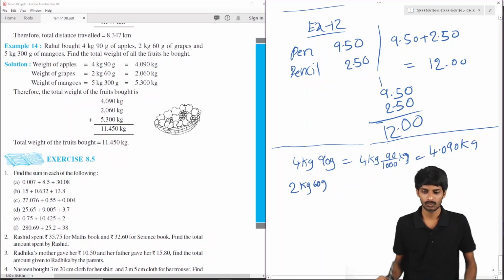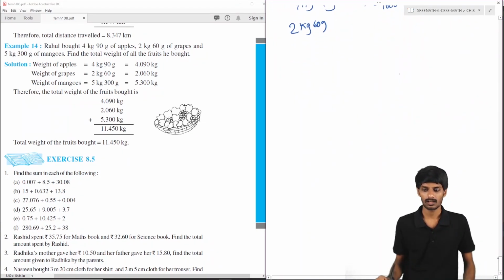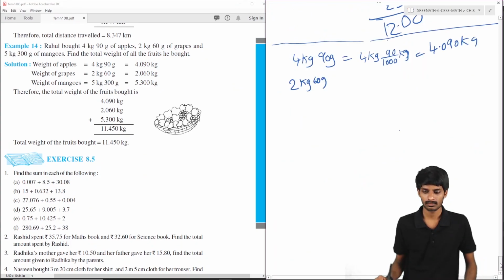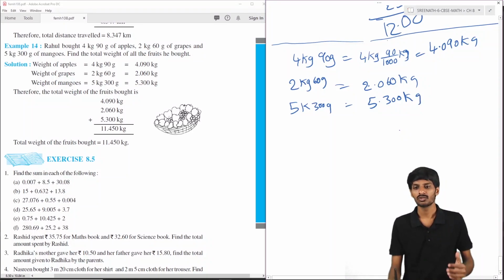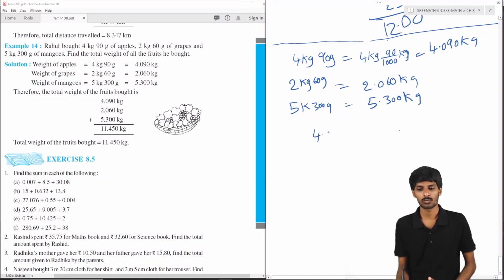Similar to this, 2 kg 60 grams. According to the previous task, students, just write it as 2.060 kilograms. Next, mangoes is 5 kgs 300 grams, that is 5.300 kgs. You have to add all these: 4.090, 2.060, 5.300.